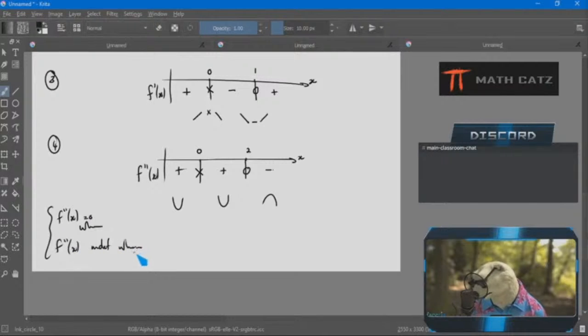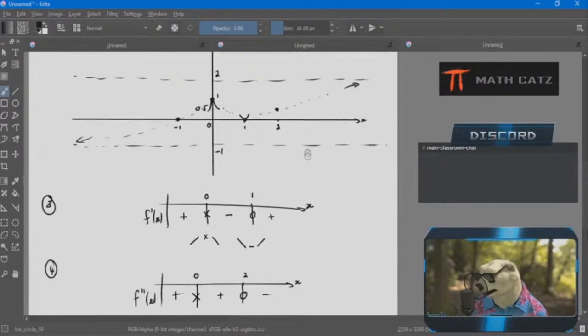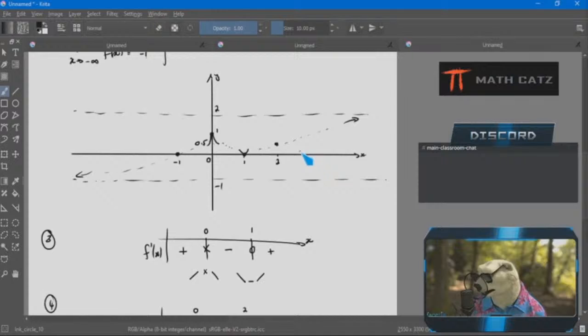Only those x values that come from these are featuring in my table ever. So it's going to have to be a 0, I hope. Let's see. Bending up, bending up, bending down. I have an inflection point at 2. Okay, so that works.